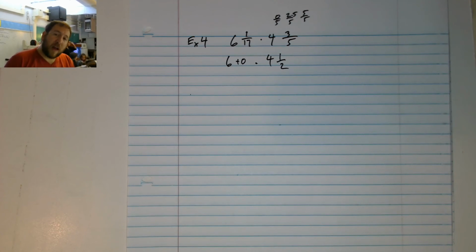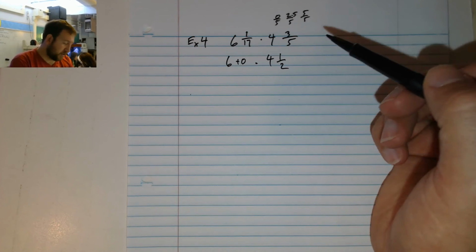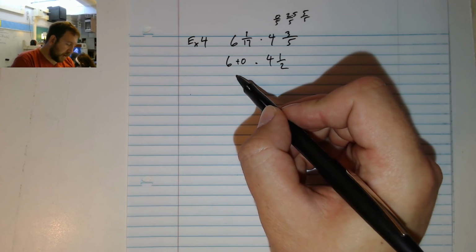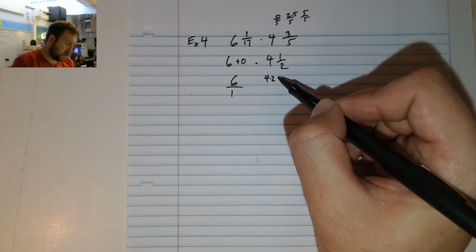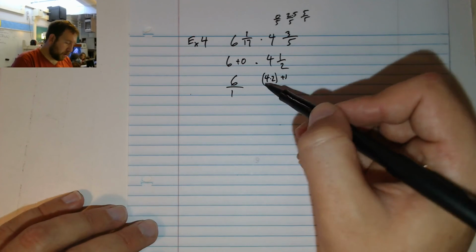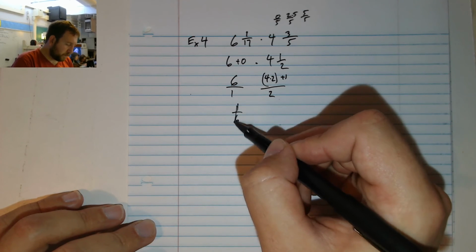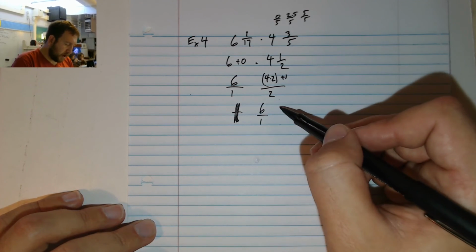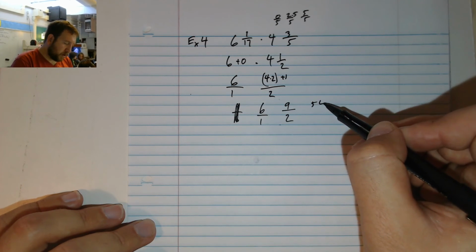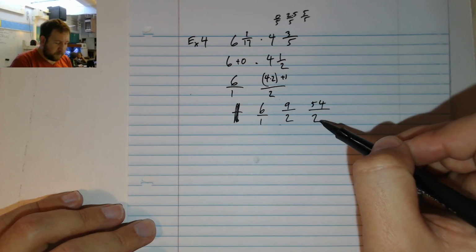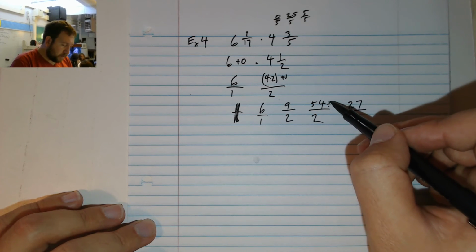Okay, so if I have 4.5 here, now in this case I am going to have to multiply by using my normal fraction styles. So I do have 6 wholes, and here I would have 4 times 2 plus 1 over 2, which would give me 6 over 1 times 9 over 2. 6 times 9 is 54 halves. 54 reduced is 27, because I can divide both by 2.